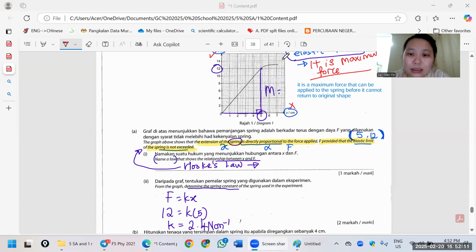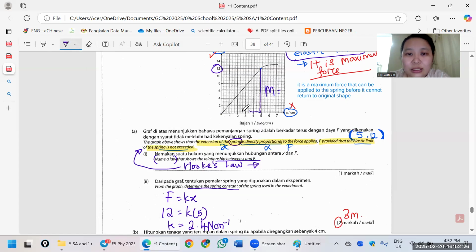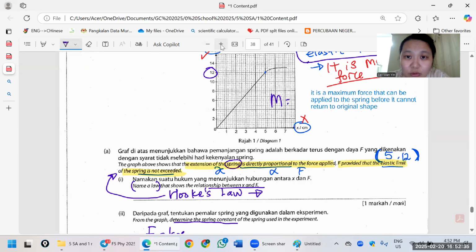Actually, you can if it is 2 marks. But if it is 3 marks, you must draw the gradient. And I encourage you, for this kind of question, you can directly draw the gradient like this. But in school, in experiment, I prefer you find 2 points.